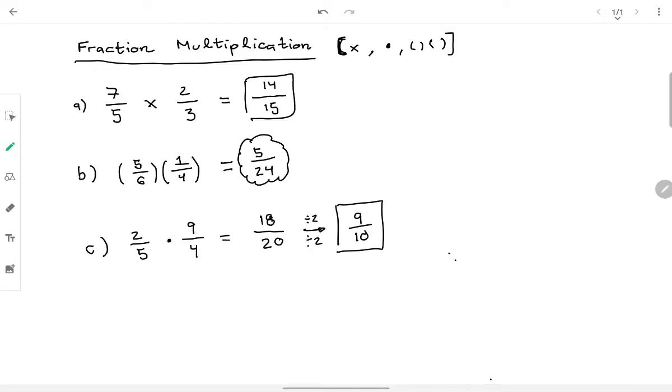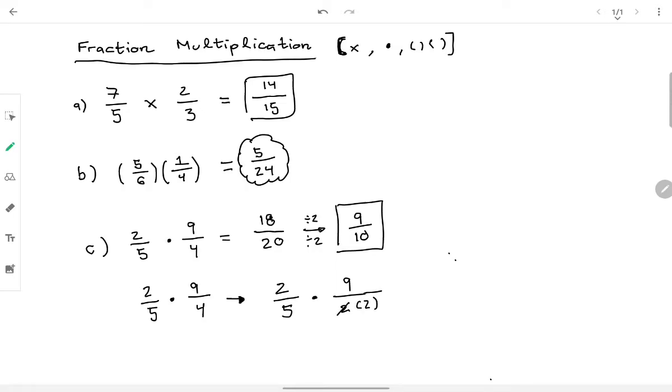In this case, where we have multiplications of fractions that can get simplified, we can do it in the first step of the solution. If we have the same exercise, 2/5 multiplied by 9/4, we can see that 4 and 2 are divisible, because we can write this as 2 over 5 multiplied by 9 over 2 times 2.